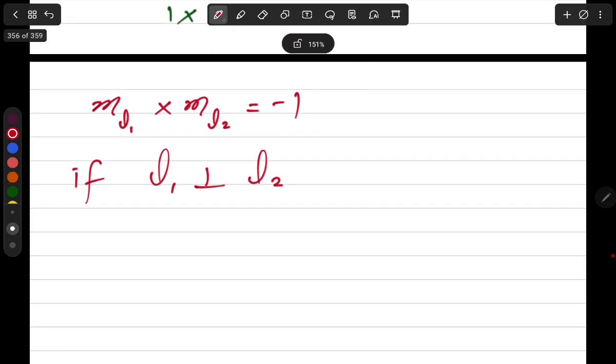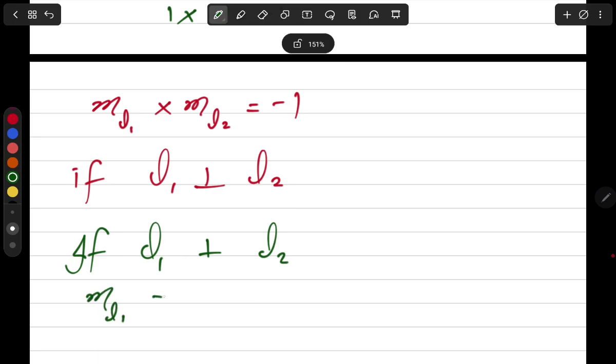And it's very easy: if L1 is perpendicular to L2 and the gradient for L1 is 2, then you can just take the negative reciprocal and the gradient for L2 is going to become negative 1 over 2.